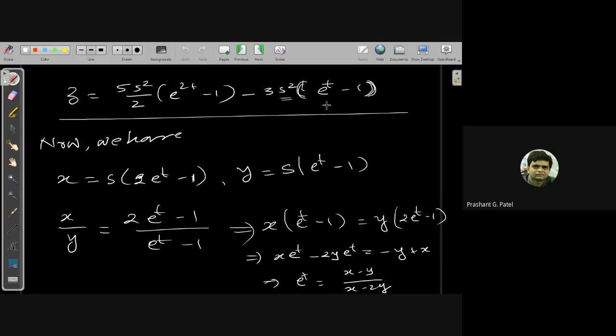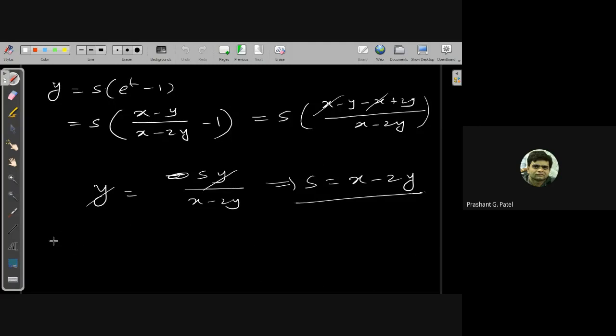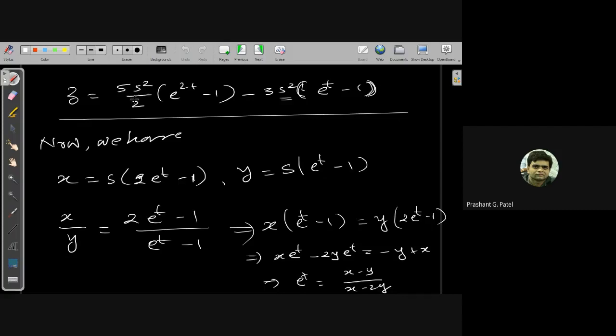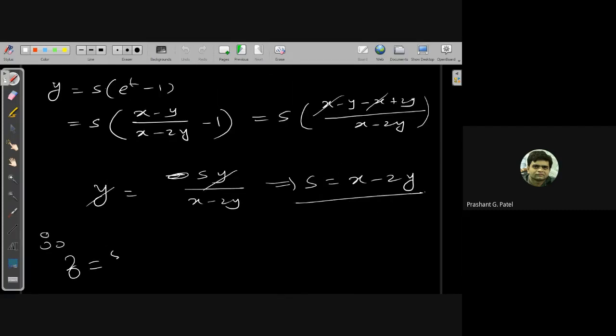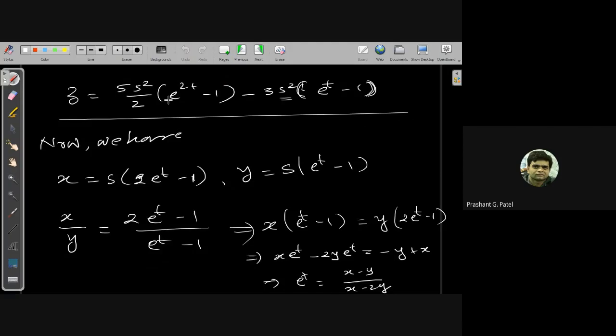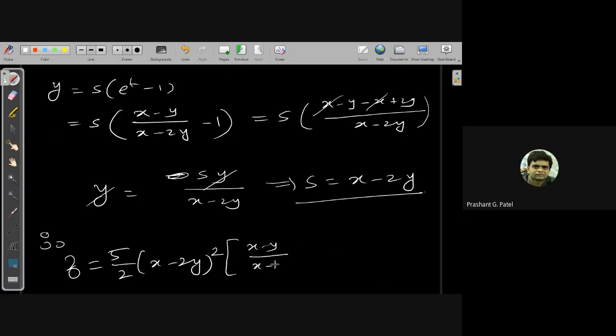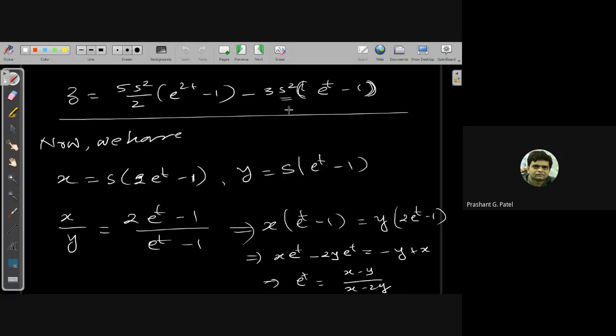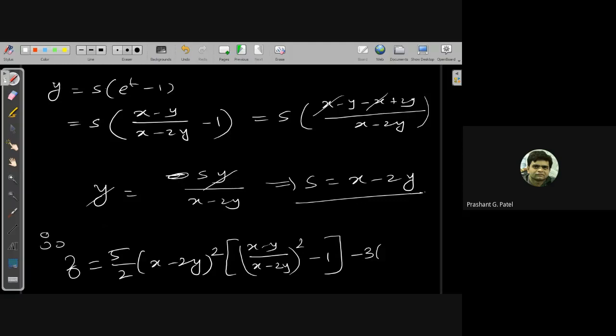If you substitute all these values in this z equation, therefore z equals 5 by 2 s square, that is the square of this, 5 by 2 (x minus 2y) whole square, times (e power 2t minus 1), that is the square of this minus 1, that is ((x minus y) upon (x minus 2y)) square minus 1, minus 3s square, that is minus 3 (x minus 2y) square into (e power t minus 1), that is (x minus y) upon (x minus 2y) minus 1.